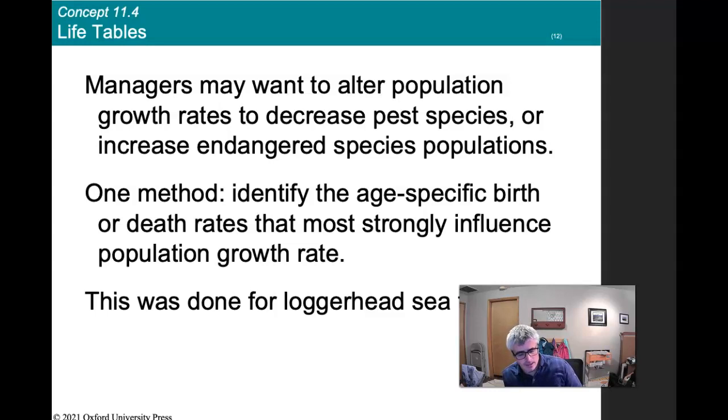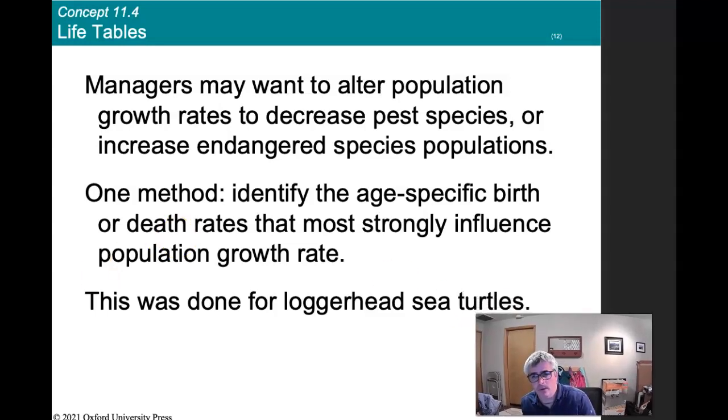So meaning, instead of following one cohort through time, for loggerhead sea turtles, which can be, I think, 40, 50 plus years old, instead of following the same cohort for 50 years, you just kind of say, okay, here's an age class of individuals. What's their likelihood of survivorship? Are they reproductively active? What does that look like?